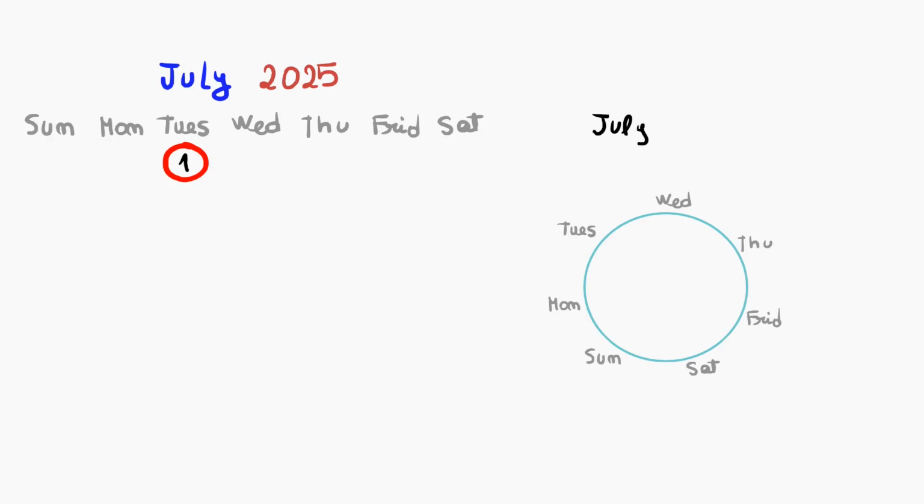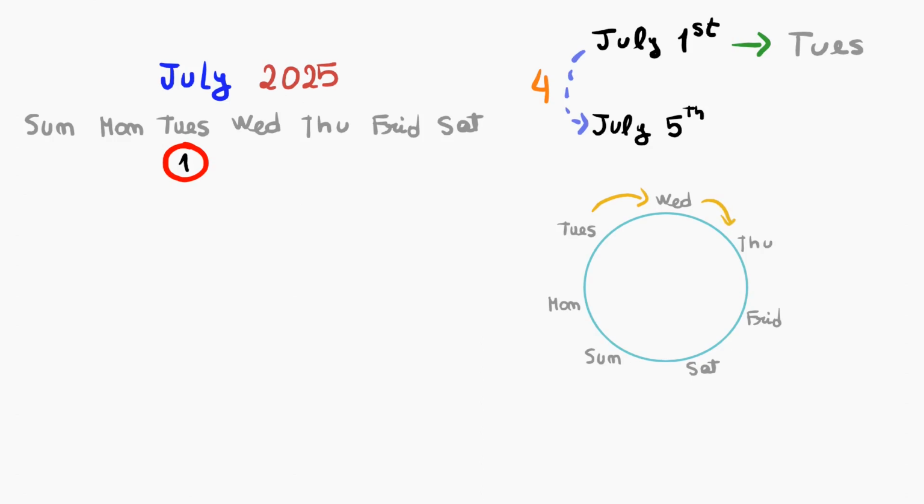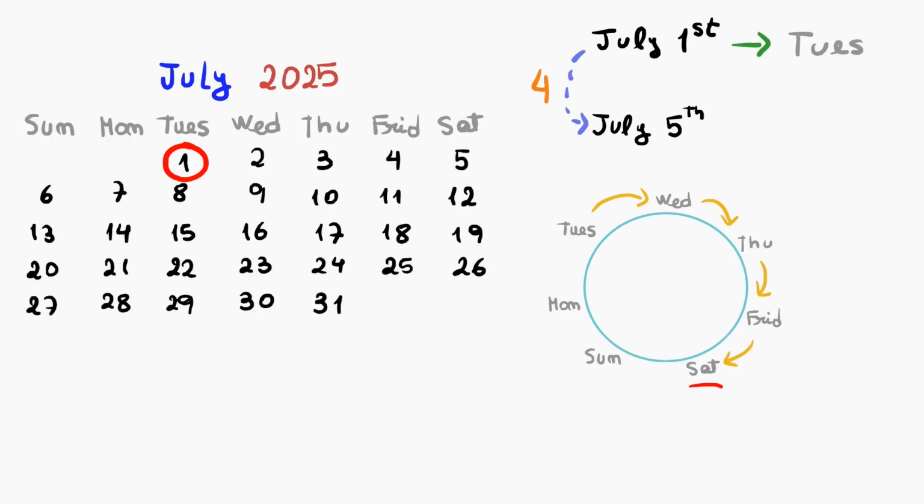Suppose we want to know what day of the week July 5th corresponds to. Well, since July 1st is a Tuesday and July 5th occurs 4 days later, we can count 4 clockwise movements from Tuesday. So we conclude that July 5th is a Saturday. We check the calendar to confirm that this is correct.